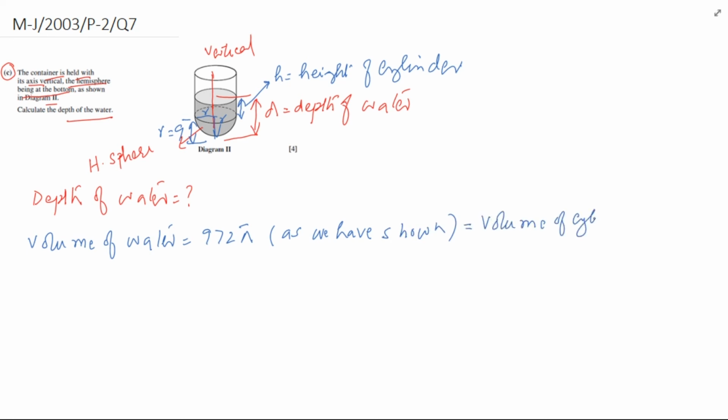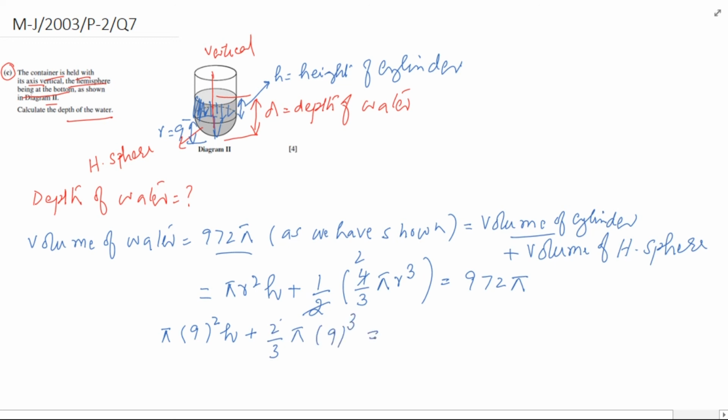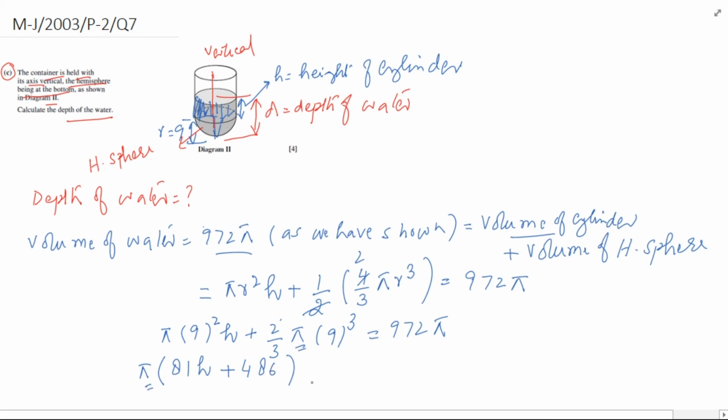This is equal to the volume of the cylinder having water plus the volume of the hemisphere, which is πr²h plus 1/2 (4/3 πr³) equal to 972π. π(9)²h plus 2/3 π(9)³ is equal to 972π. π(81h plus 9 × 9 × 9 divided by 3 multiplied by 2, we get 486), taking π as common, is equal to 972π. Here π and π cancel out.